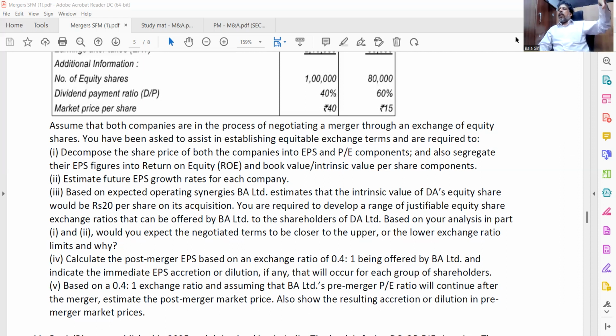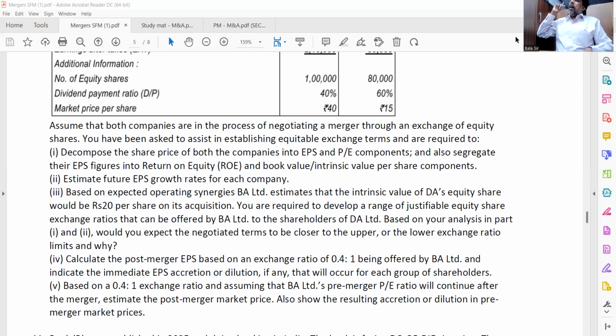So it is 17.5, that is a percent. 17.5 into 0.6 retention ratio. How much you get? That works out to 10.5%. So that is a growth rate in earnings.